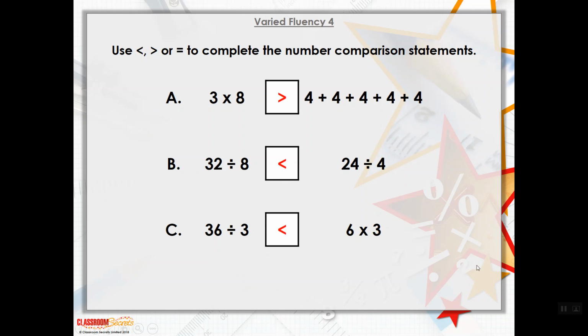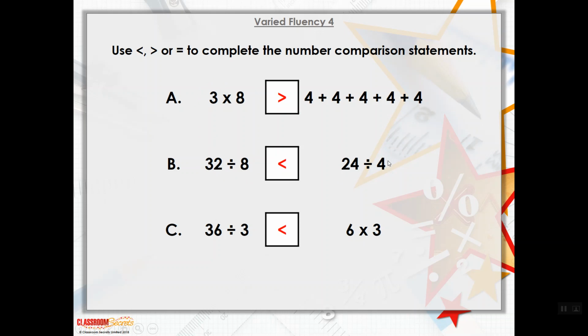Okay, let's see. So 3 times 8 is 24, and 4 times 5 is 20. This one is greater. 32 divided by 8 is 4.